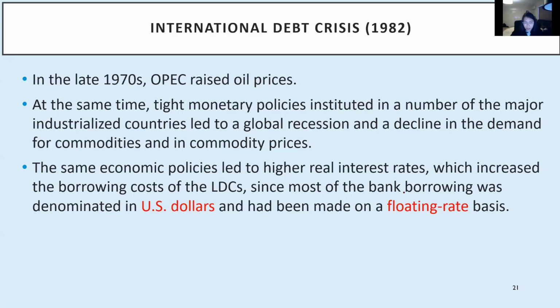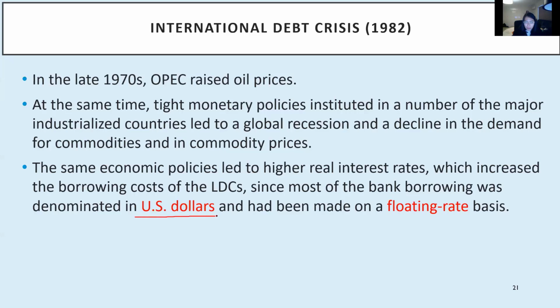At the same time, there were some economic troubles in the less developed countries. So in these countries, political uncertainties started to lead to higher real interest rates, and that increases the borrowing costs of these countries.